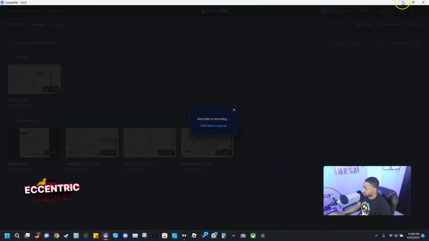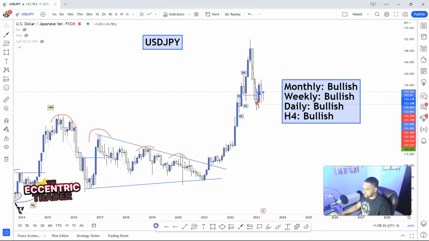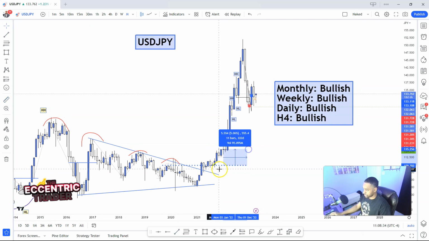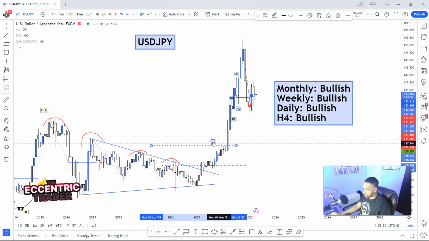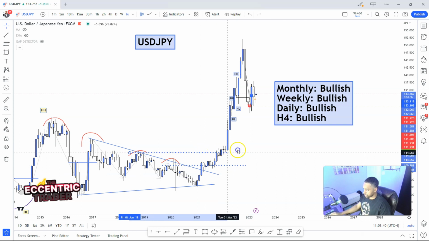I hate this bottom bar. All right, now we're good. All right, so you can do it a couple of different ways, right?